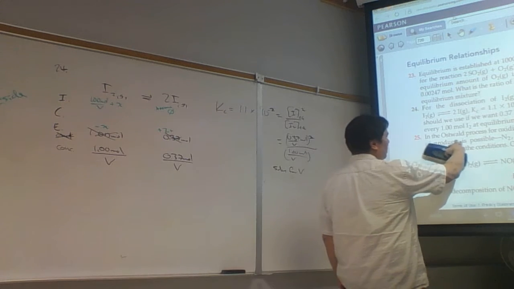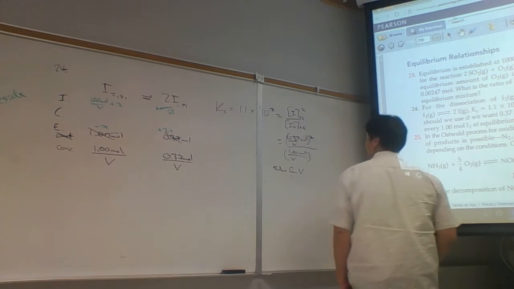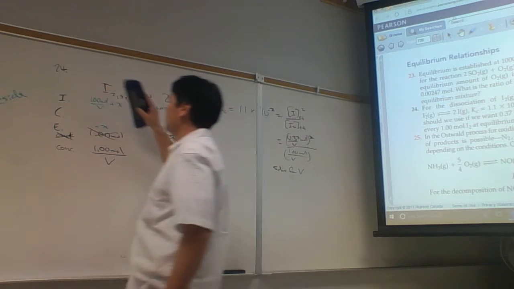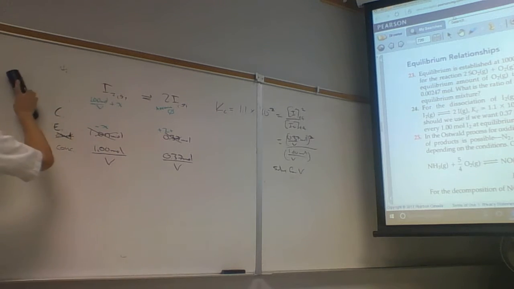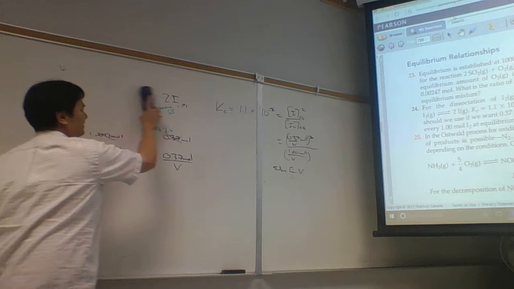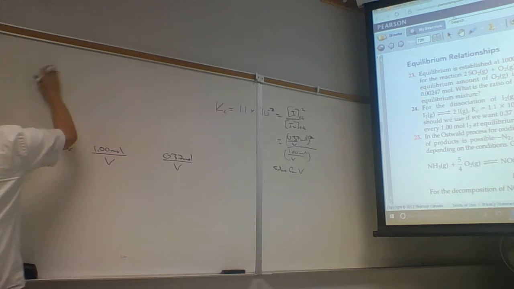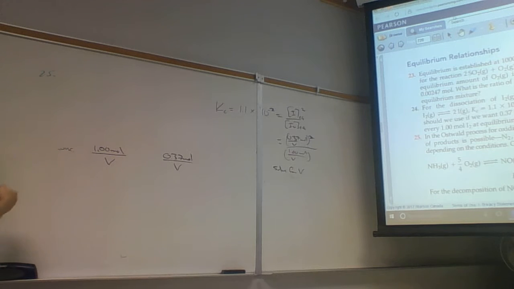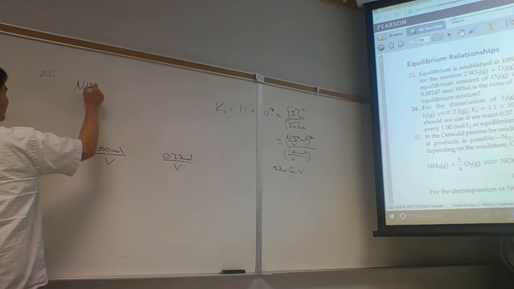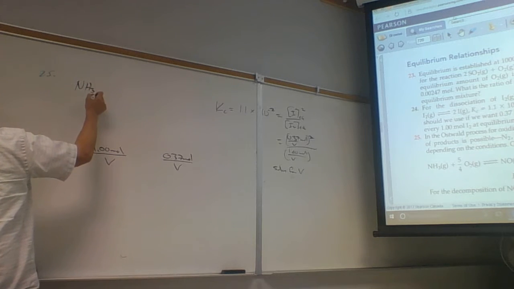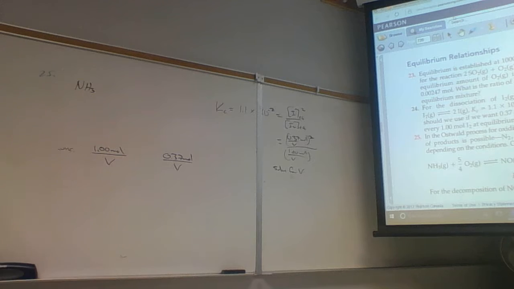In the Ostwald process for oxidizing ammonia, let's take a look at ammonia. Ammonia, is that electron rich, electron poor? Neither. What do you think? NH3.